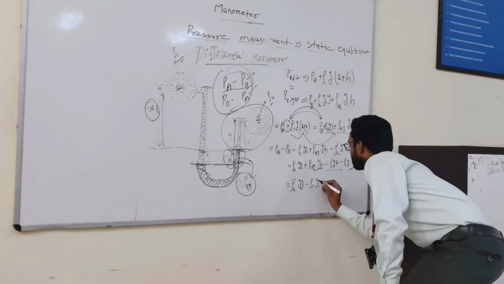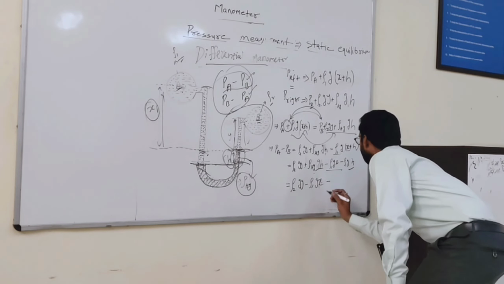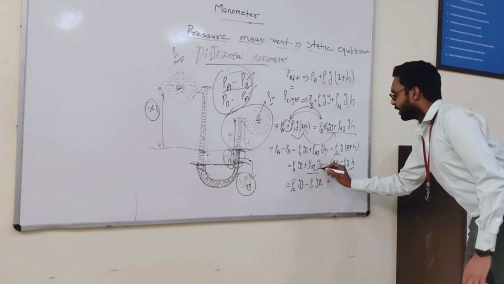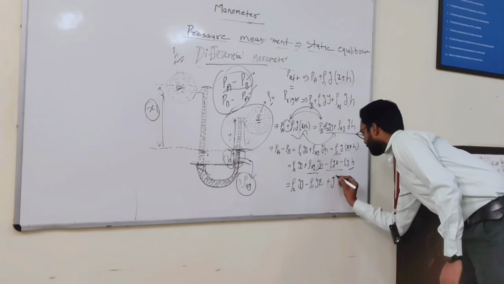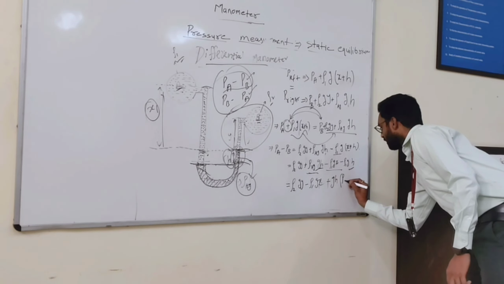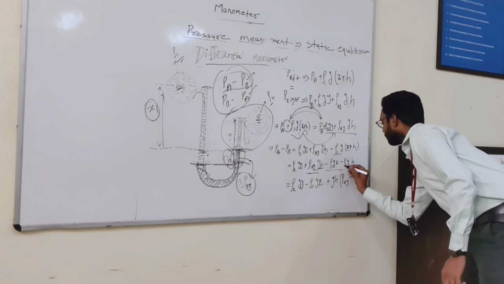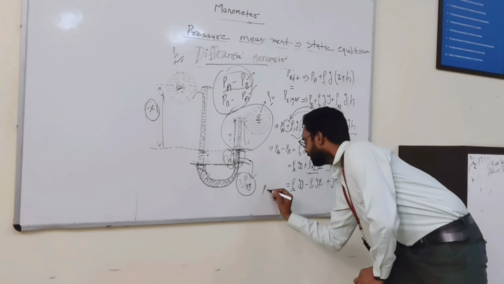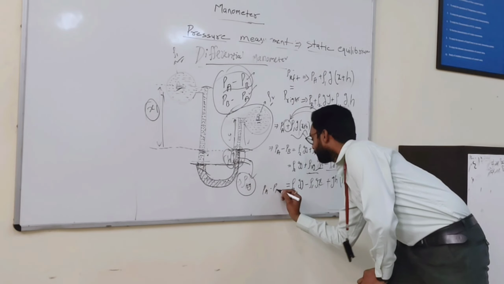Okay, rho 1 G X, minus, or you can take plus, I am taking G H common here, so plus rho Hg minus rho 1. That is PA minus PB.